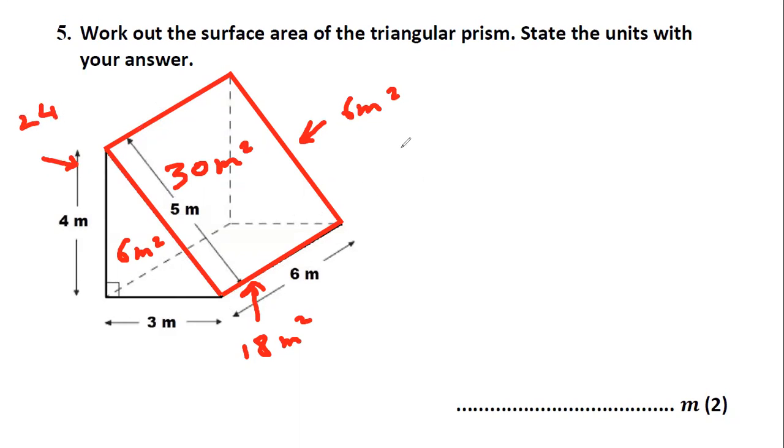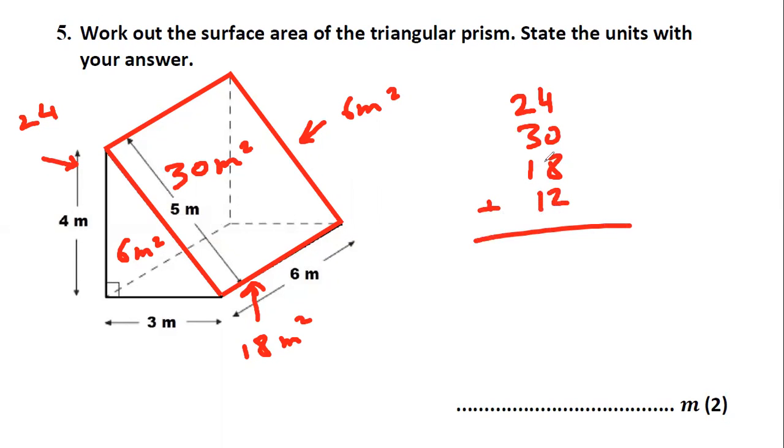Right, so what we need to do is add up the areas of all of the faces. 24, add 30, add 18, and I also know that the area of the two triangles is 6 meters squared each. So 6 add 6 is 12.